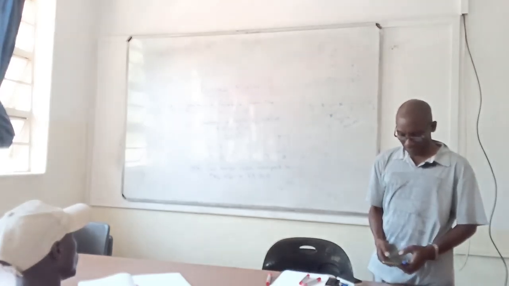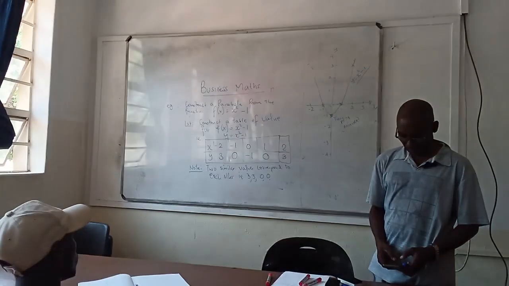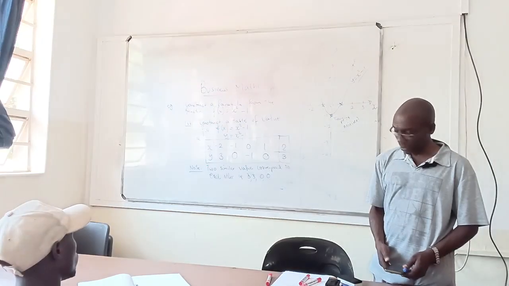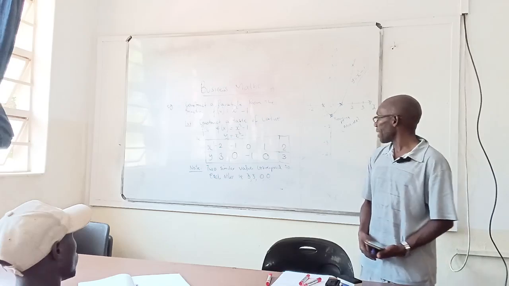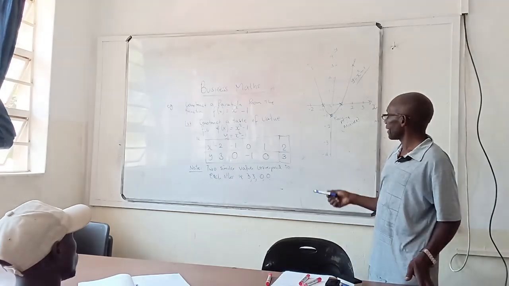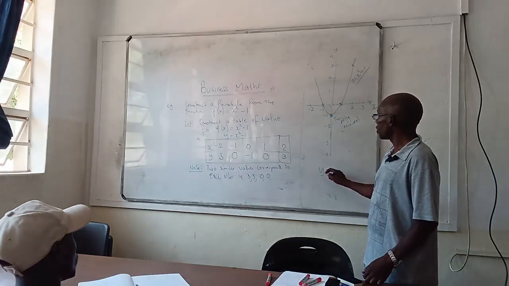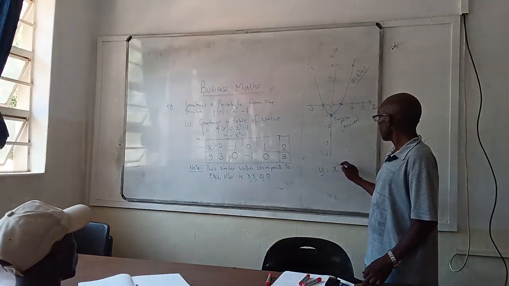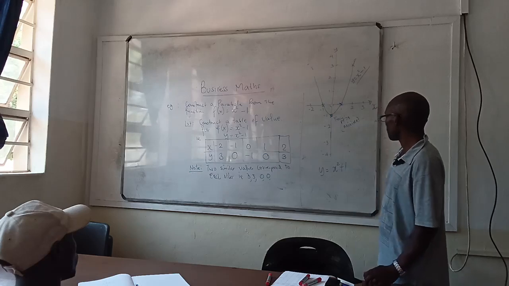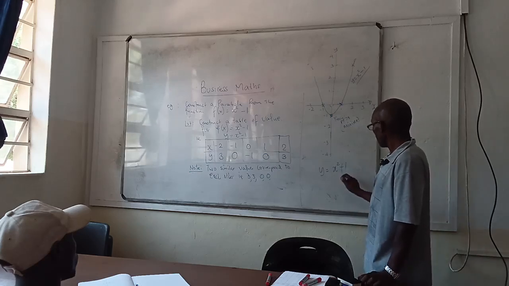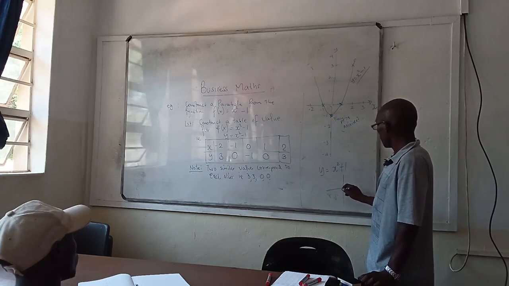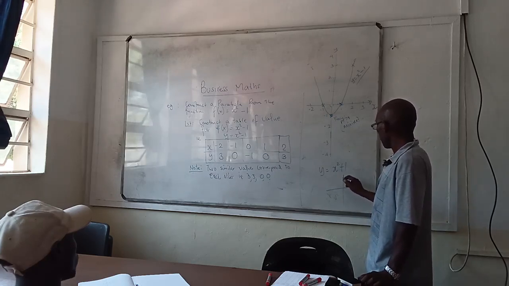All right. Now, sometimes you can have a graph of this nature, assuming a graph of y is equal to x squared plus 1. If you plot it very well, you will notice that the plus 1 will be up here.